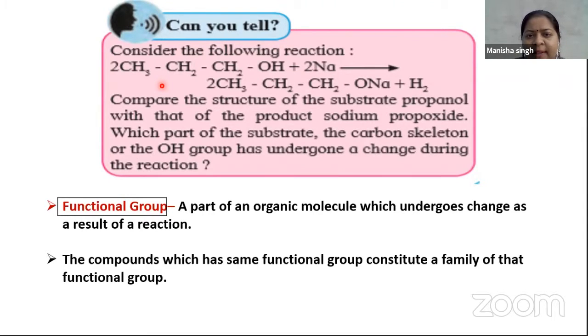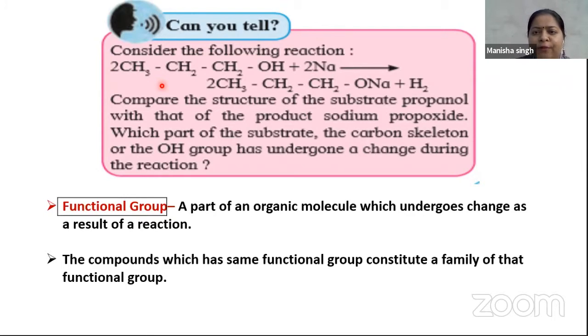So compare the structure of the substrate propanol with that of the product sodium propoxide. Which part of the substrate, the carbon skeleton or the OH group, has undergone a change during the reaction?